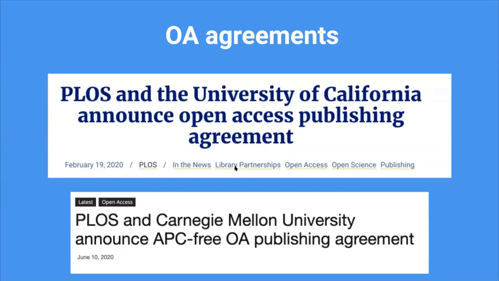One of them just came out a few days ago, as you might have seen, the PLOS and the Carnegie Mellon one. And so again, you'll know if your institution is in an open access agreement, and that will affect the amount of price that people pay. But actually, this is usually used as the end step for the calculations that we're doing to negotiate one of these. So we'll talk about it a little bit more at the end.